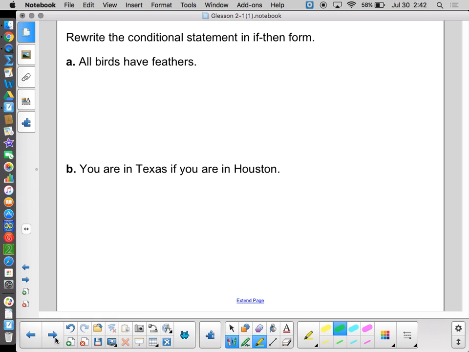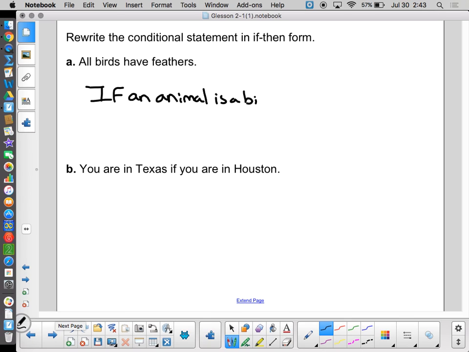All birds have feathers. Well, we can very simply write, if it is a bird, or if an animal is a bird, then it has feathers.